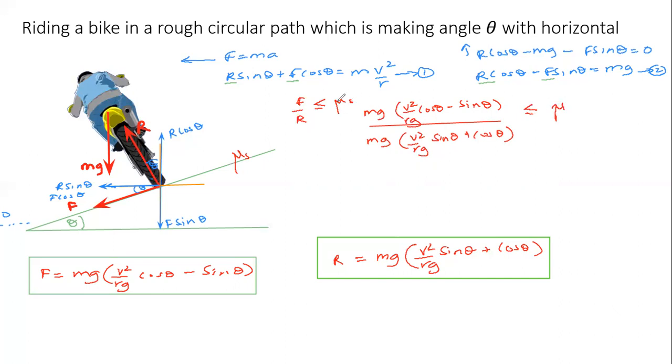To keep it easy for me to write, I just drop the s, so this is the static friction coefficient mu.